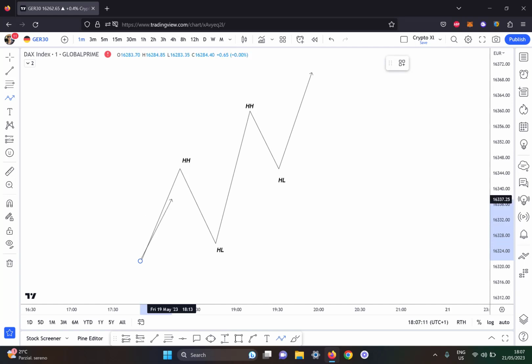Maybe inside this impulse you will find this situation: impulse, retracement. Then you could find inside this point, that could be, for example, a rotation point or a resistance zone, that price starts distributing, changes the structure, and the trend will change.